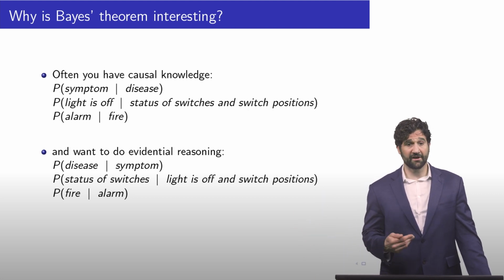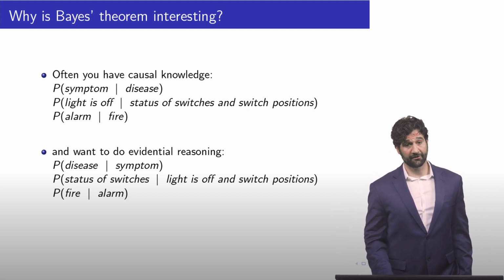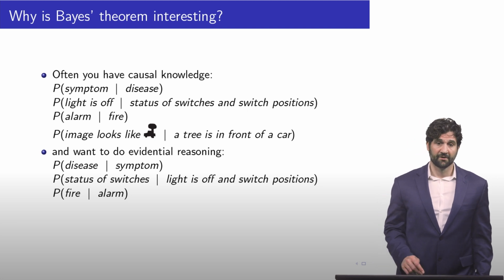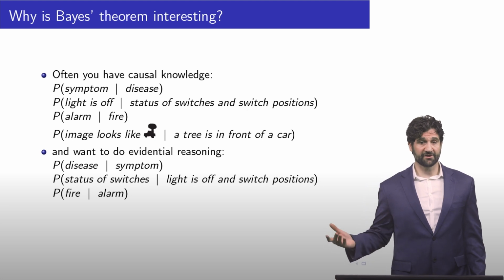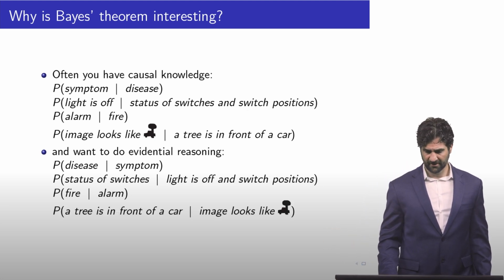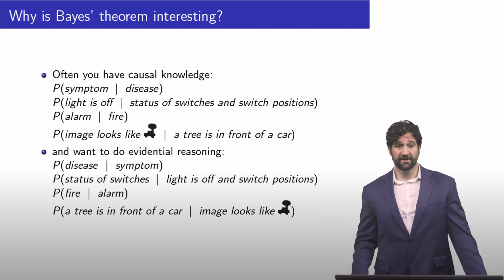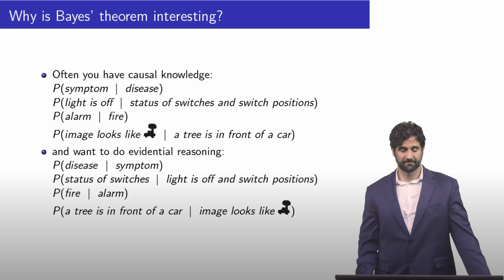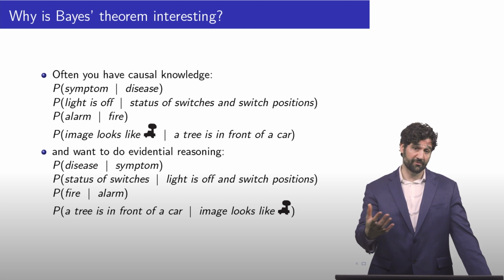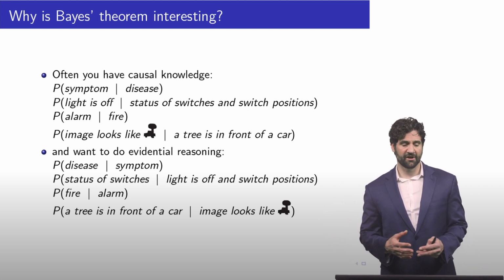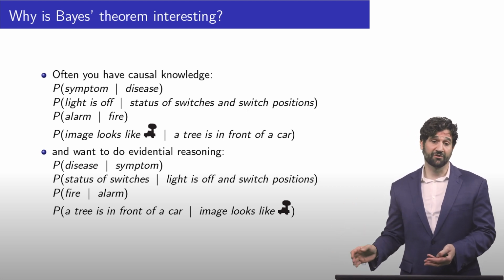We can think of a lot of examples where this kind of thing can be useful, especially in fields such as cybersecurity. Or the probability that the image looks like a certain item given that there is a tree in front of the car, and then the probability that there's a tree in front of the car given that an image is returned a certain way. All of these are a wide variety of use cases, and they can all be addressed with Bayes' theorem because it relates causal knowledge to evidential reasoning.